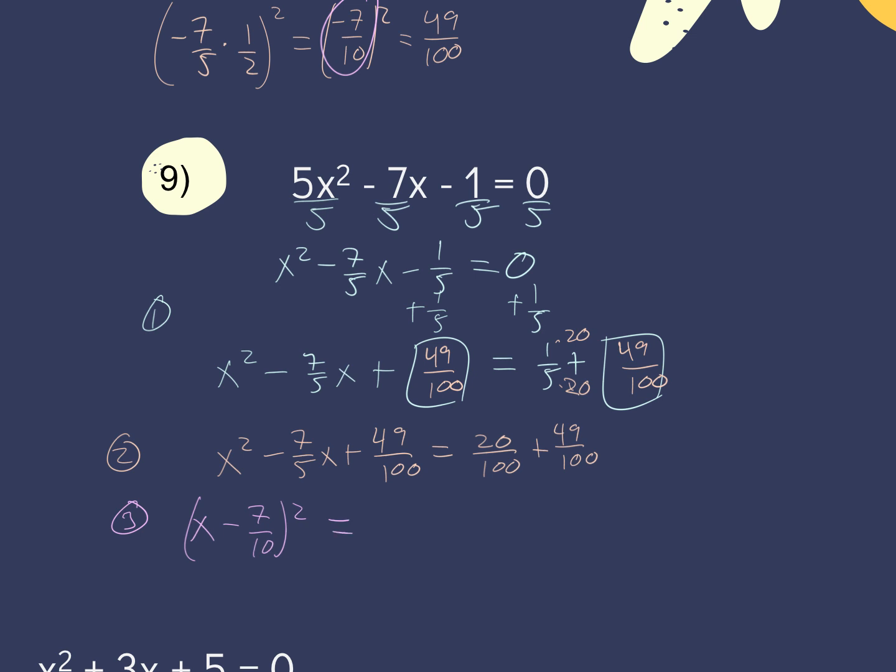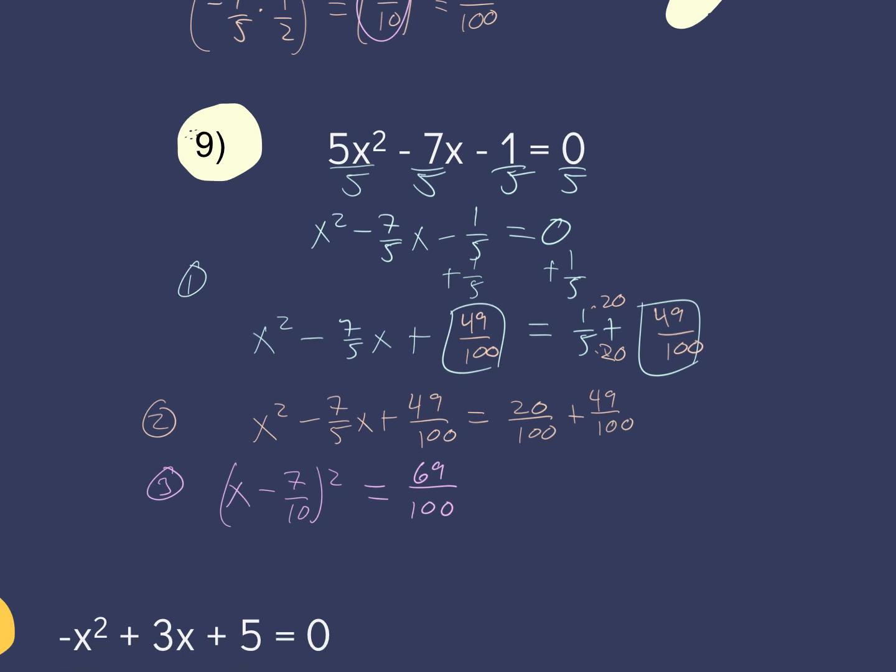And on the other side, 20 plus 49 is going to be 69/100. Then the fourth step is we want to square root both sides. So we get x minus 7/10 equals plus or minus the square root of 69/100.